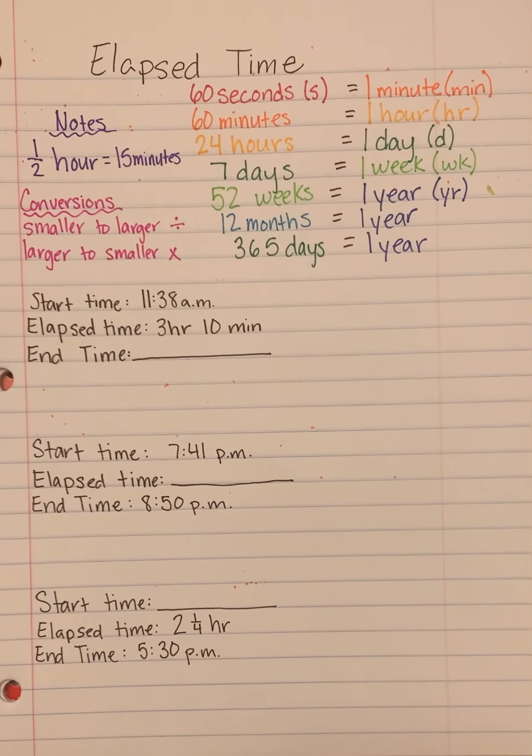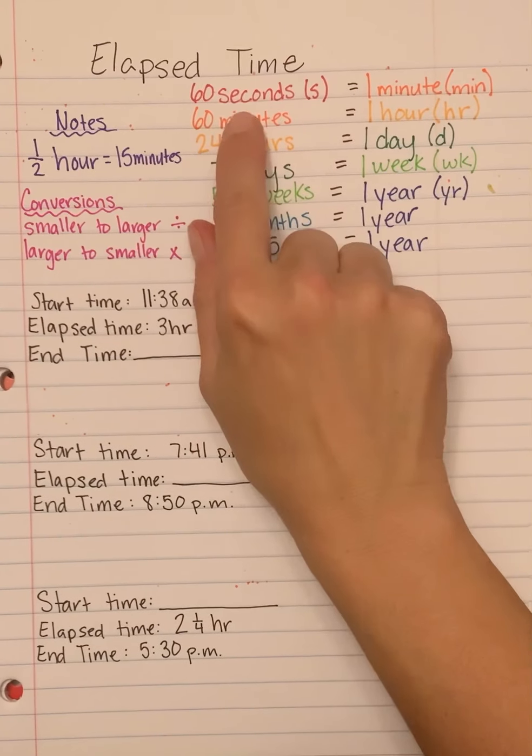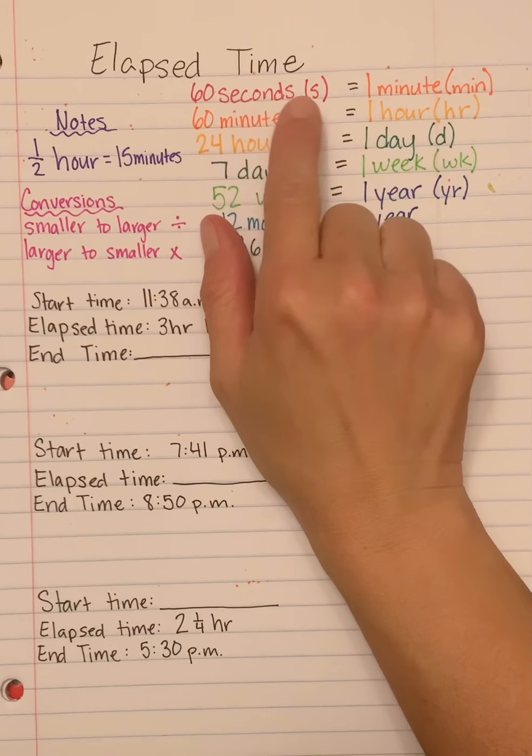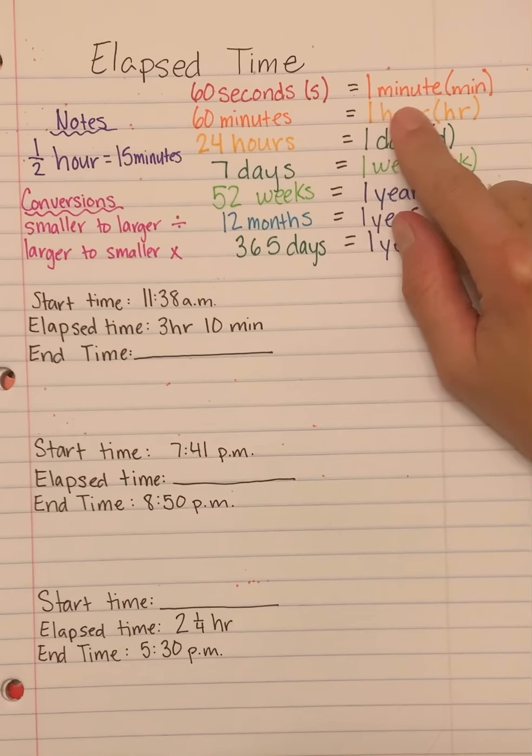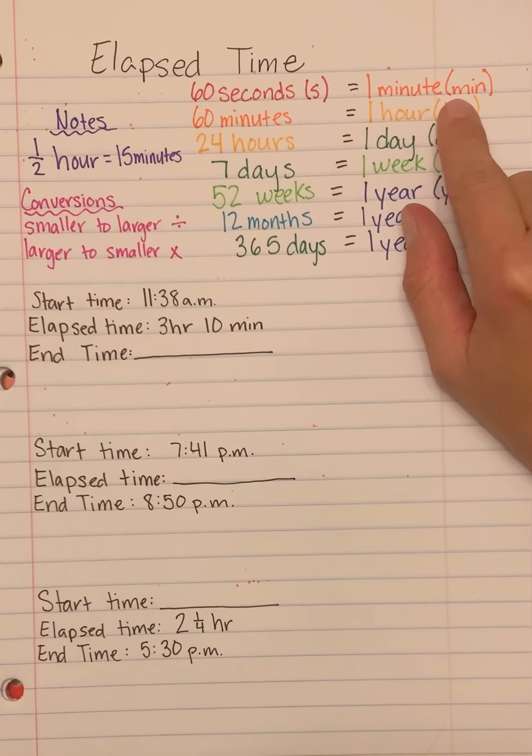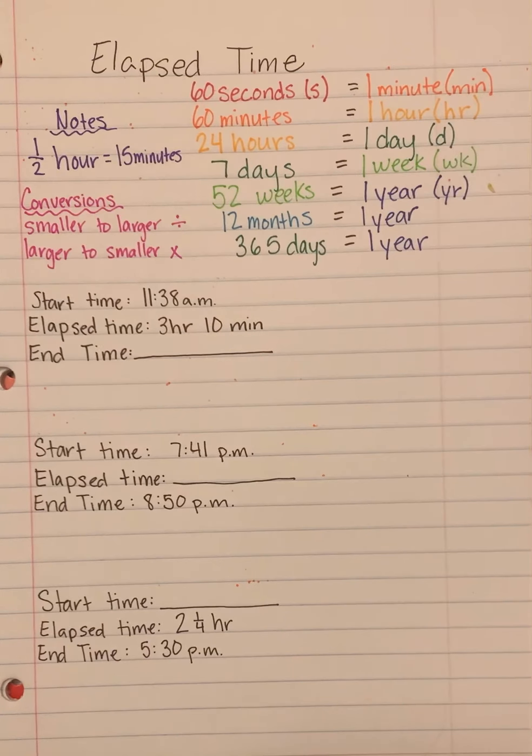What I'm going to start with, we have our normal conversion chart. So we have 60 seconds, or S, is equal to 1 minute, or MIN, which is the abbreviation for minute.